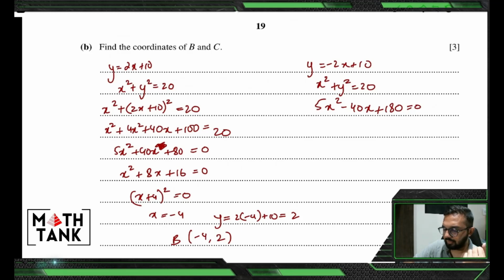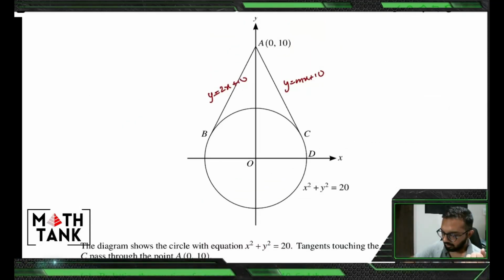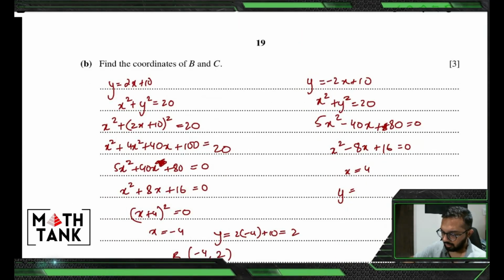Otherwise the calculations would remain the same, x squared minus 8x plus 16. So I get x equals 4, and then y should equal minus 2 times 4 plus 10. That's 2, 4 comma 2. So that's C.